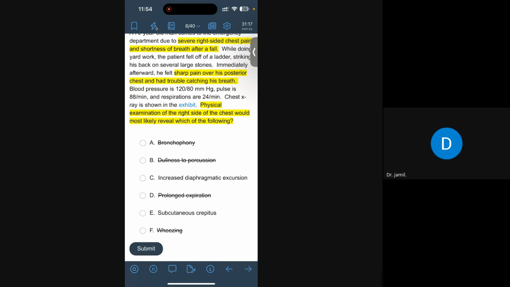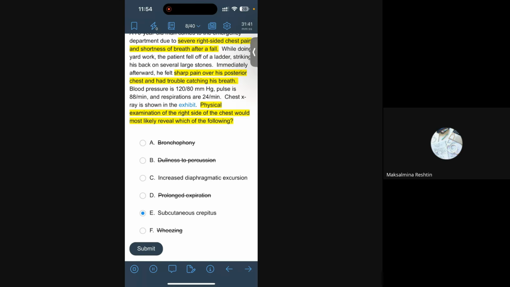Which one do you think is the right answer? E, because there is subcutaneous air that causes crepitus. Diaphragmatic excursion is the distance the diaphragm moves between inspiration and expiration.